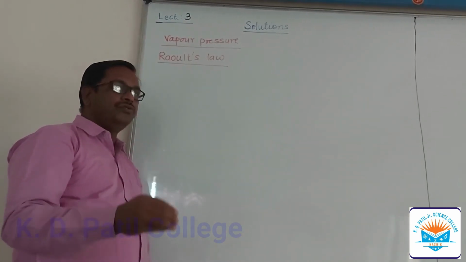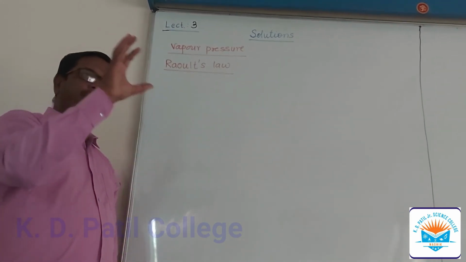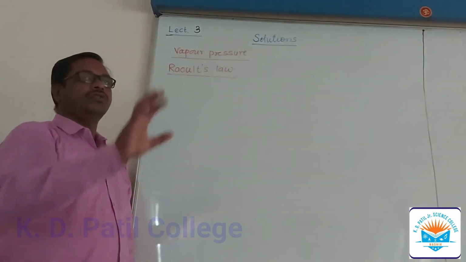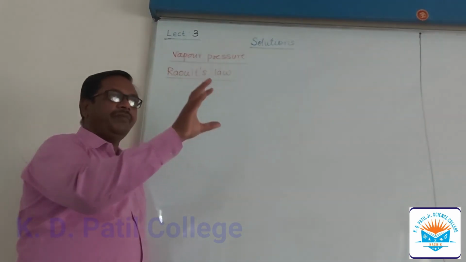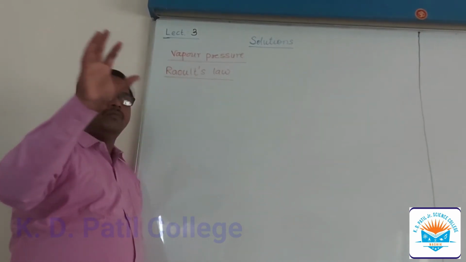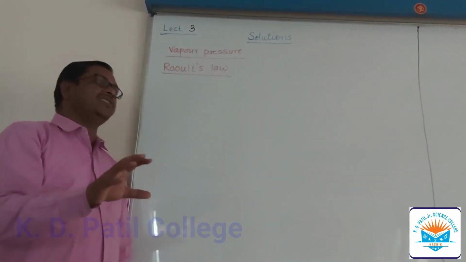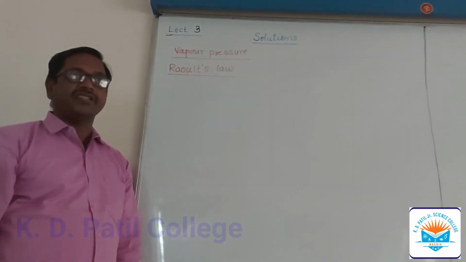Now when the solution is formed, the total vapor pressure of the solution is given by the vapor pressure of solute plus the vapor pressure of solvent. These vapor pressures are known as the partial vapor pressures.